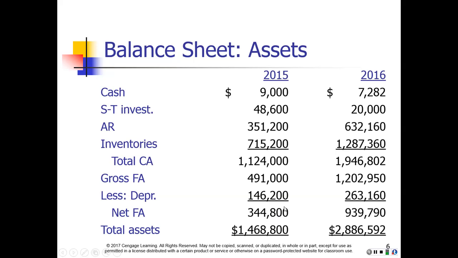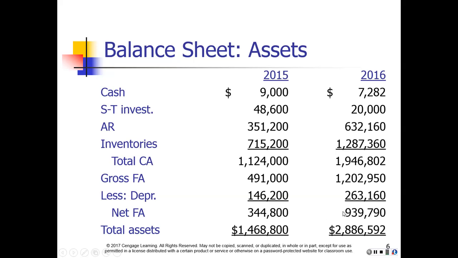Well, the growth in net fixed assets from 344,800 to 939,790 between 2015 and 2016 shows us that the company has spent a lot of money during the year of 2016 to buy new fixed assets.